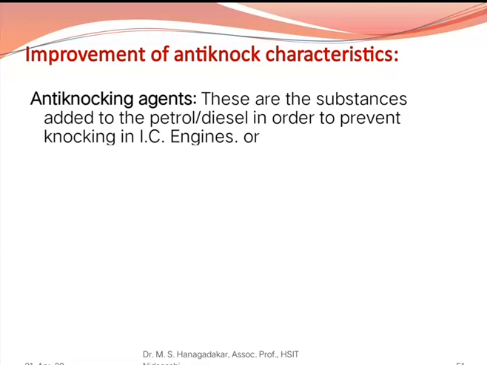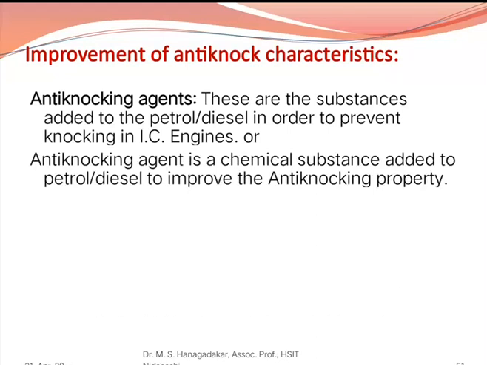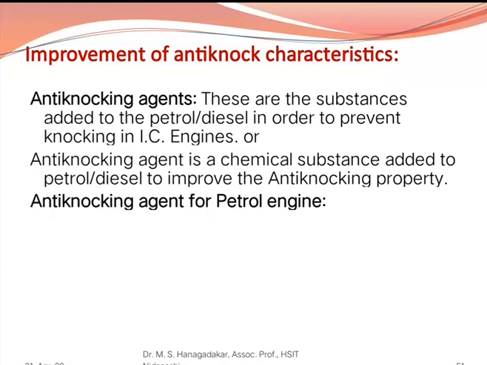These are substances added to petrol or diesel in order to prevent knocking in an IC engine. An anti-knocking agent is also defined as a chemical substance added to petrol or diesel to improve its anti-knocking property. Some of the anti-knocking agents used in petrol engines are mentioned below.